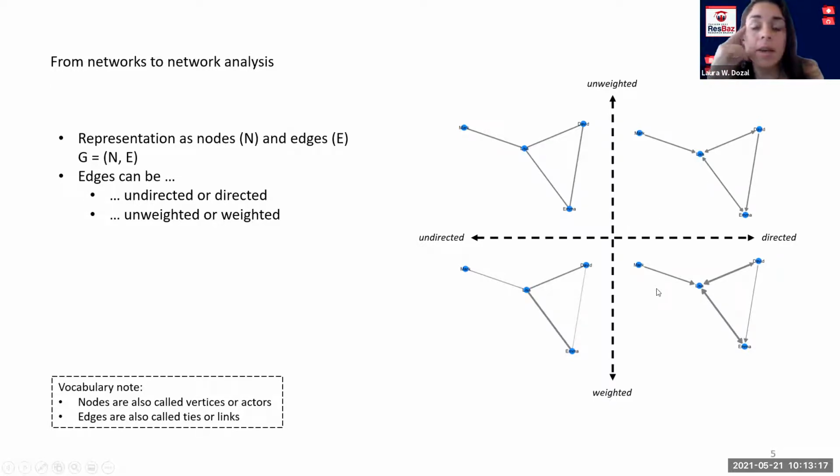And we also have weighted or unweighted. Weighted means you can have different weights for relations. One relation can be less important than another, and the more weight, the more importance it has.